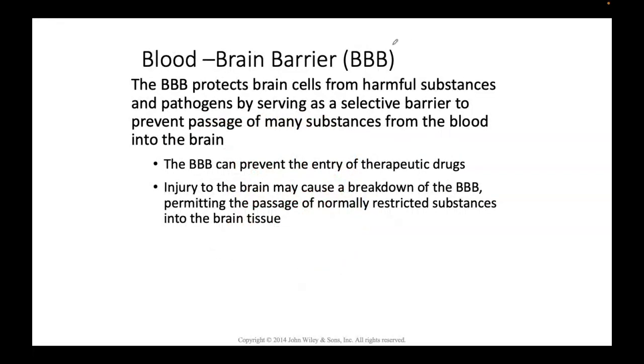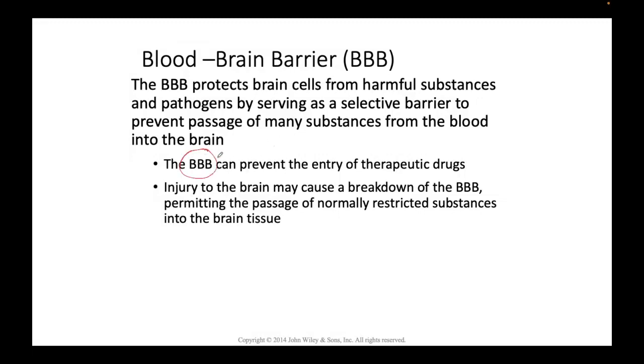The blood-brain barrier, remember, it's made of those astrocytes. It protects the cells from any type of harmful substance or toxin or pathogen, and it serves as a selective barrier to prevent many of the passages of substances from the blood into the brain.